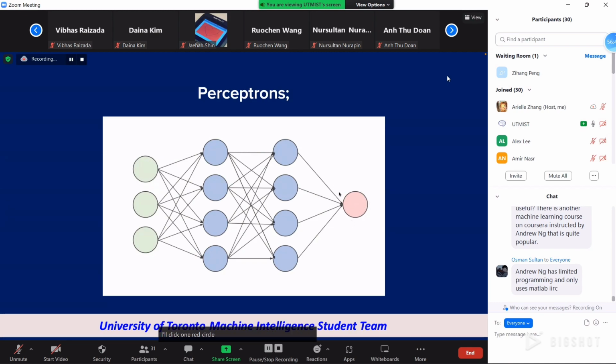red circle over here. Each of the circles that you see over here is a neuron, which we just talked about. It has inputs, which is the input signal over here. In the middle are the neurons. These are the inputs, and this is the output. In the middle, the blue circles are exactly the neurons.